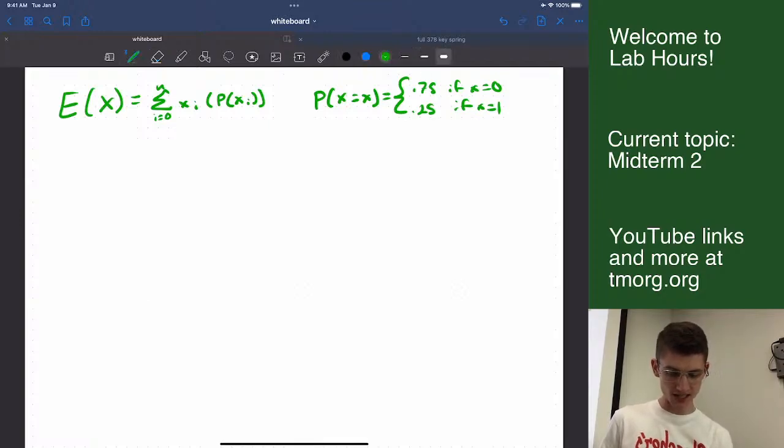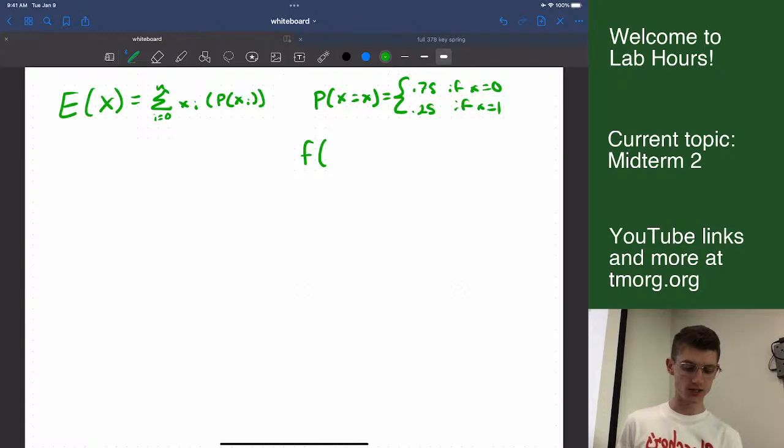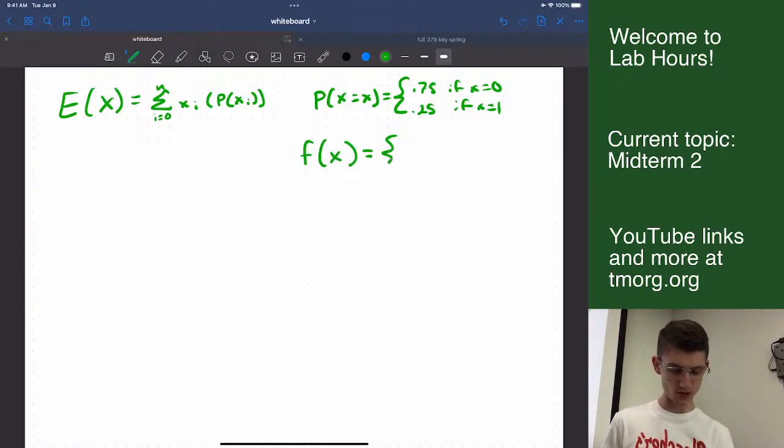But the nice thing is, now we have graduated into a world where we are using continuous functions as probability densities, as opposed to just distributions. So now we have f of x equal to 2/3 x if 0 is less than x is less than 24, something like that, and 0 else.